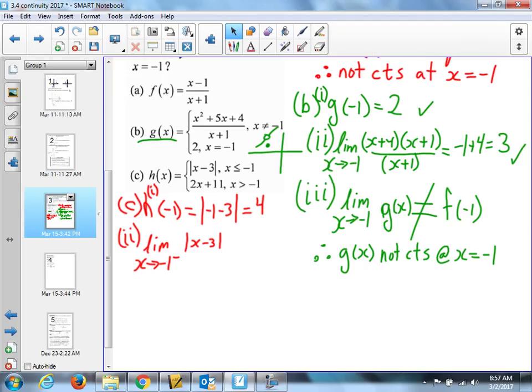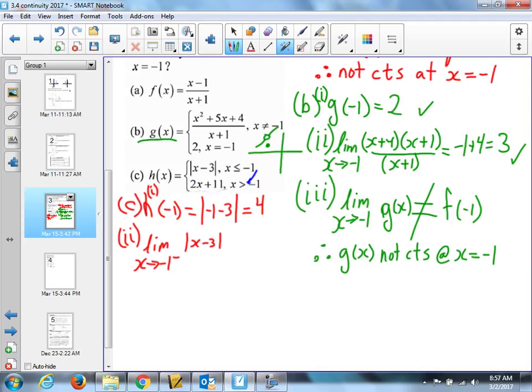I'm going to pause for a second here. -1 from the left. Why did I choose that? Because when you're using -1, it belongs to that category from the left, right? It's things smaller than -1. I've got to use this portion. When I use the right-hand side limit, I've got to use this. Make some sense? Why? Because x is slightly greater than -1.